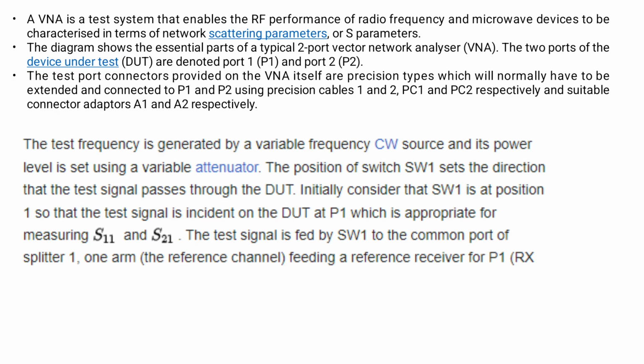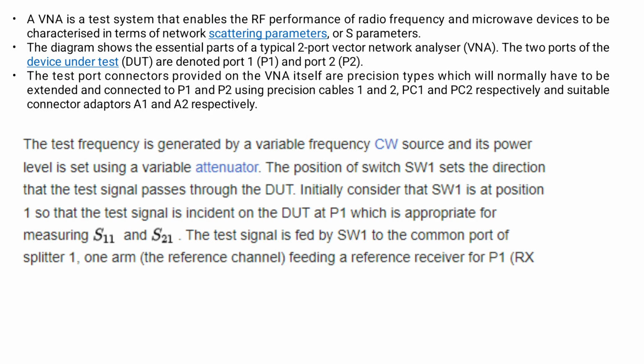The test port connectors provided on the vector network analyzer itself are precision types, which will normally have to be extended and connected to P1 and P2 using precision cables PC1 and PC2 respectively, and suitable connector adapters A1 and A2 respectively.